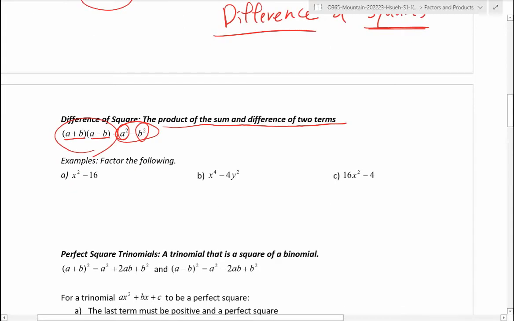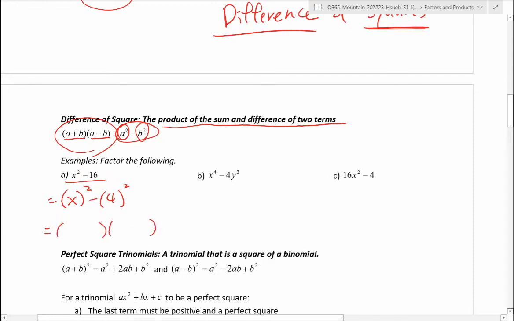Okay, let me show you some examples here. What I mean by that is you can notice that this is a difference of squares, right? Because it's x squared minus 16, which is 4 squared. So we can rewrite this as x squared minus 4 squared. Okay, notice how I just square root both terms to get the x and the 4.